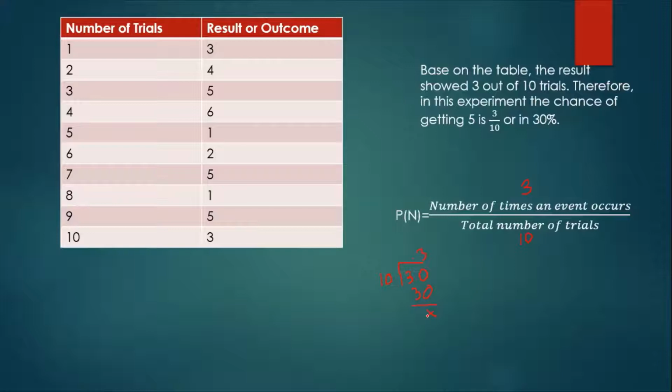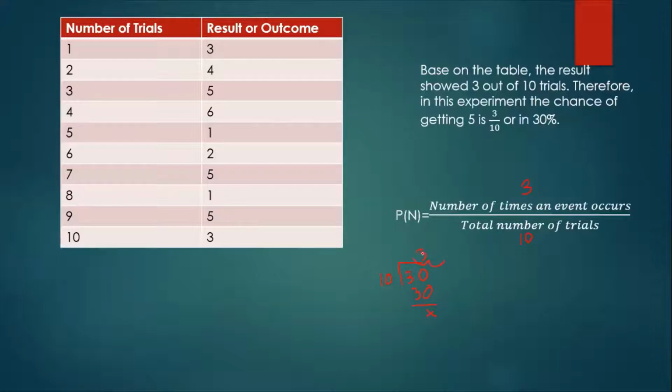Since our answer here is a decimal and we need to convert it into a percent, can you still remember how to convert decimal to percent? Very good. We are going to move the decimal point 2 places to the right. So 1 and 2.